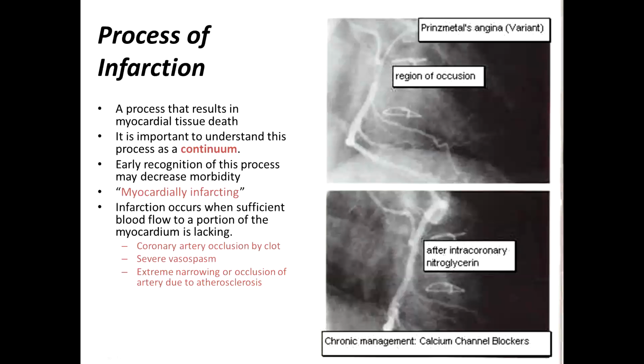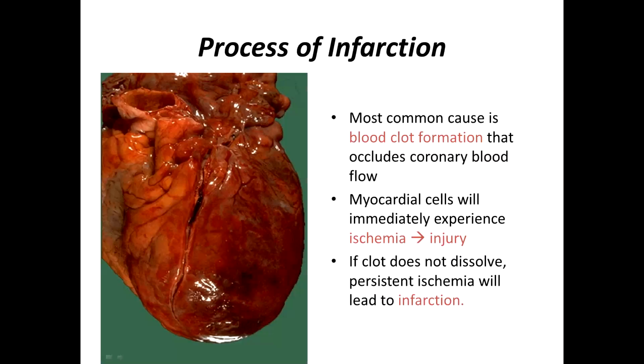Coronary artery occlusion by clot, we talked about that already. Severe vasospasm like Prinzmetal's. Extreme narrowing or occlusion of the artery due to atherosclerosis. Okay, and this is just a picture of the LAD with a nice big clot. You can see it there.